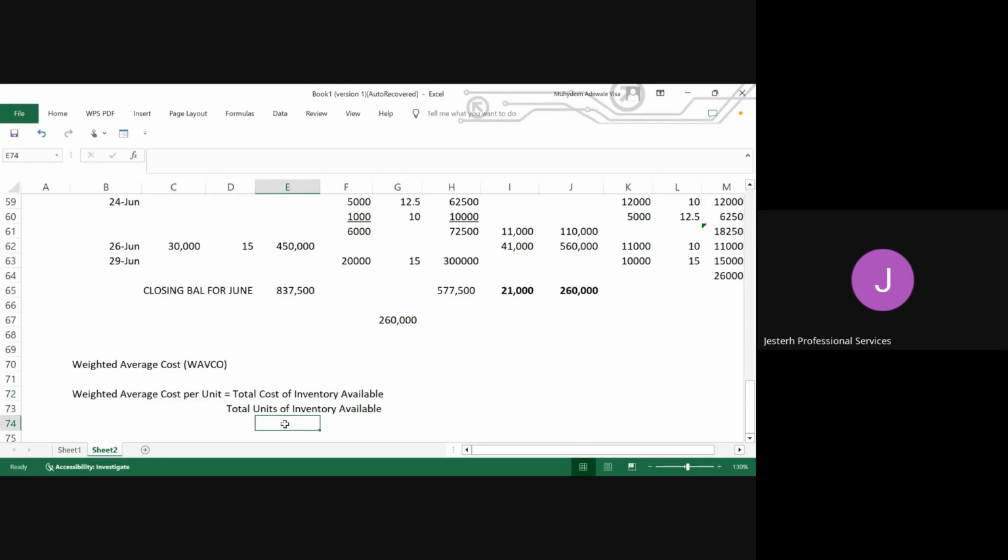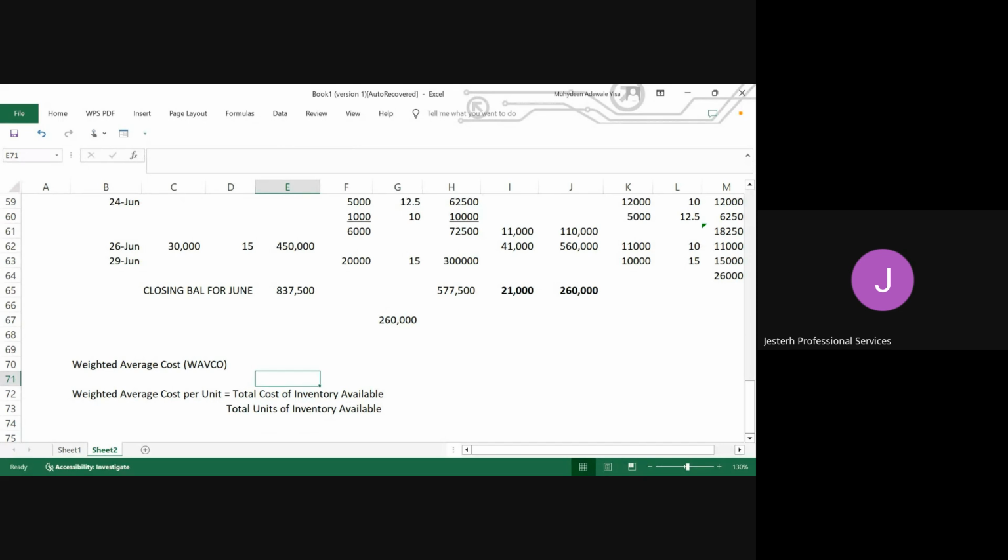Now, what this formula is saying is that in the first method that we used, we considered first in, first out. In the second method, we considered last in, first out. But in this one, it is weighted average cost.